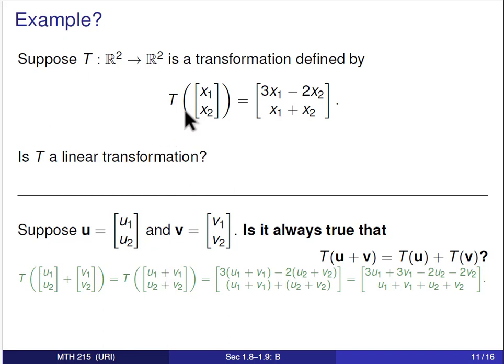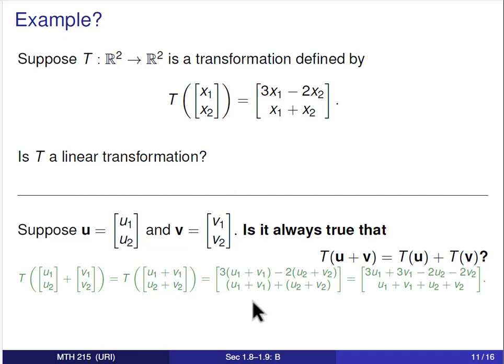And this tells us what T is supposed to do. T is supposed to take 3 times the top entry minus 2 times the bottom entry. So T of this vector should be 3 times u1 plus v1 minus 2 times u2 plus v2. And then the rule says that the bottom entry should just be the sum of the top and the bottom entries. So we'll have the sum u1 plus v1 plus u2 plus v2. That's what T does when you have this specific vector plugged in. That's what T of u plus v is.